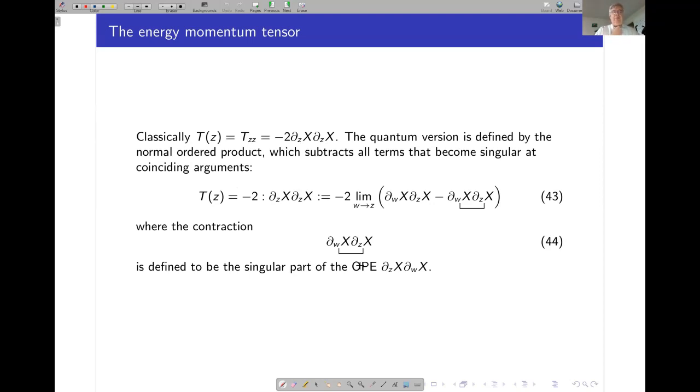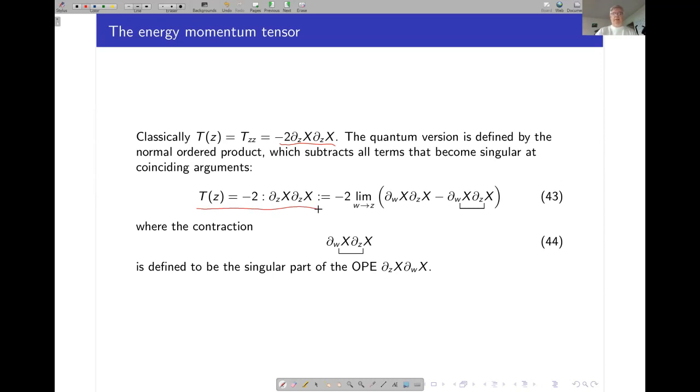And then we started to talk a bit about the energy momentum tensor. So classically, this is the product dx with itself. In the quantum version, we now, of course, have the problem that the operator product expansion of dx with itself contains a singular term. So to have a well-defined operator, we define in the quantum theory T of z as the normal ordered product.